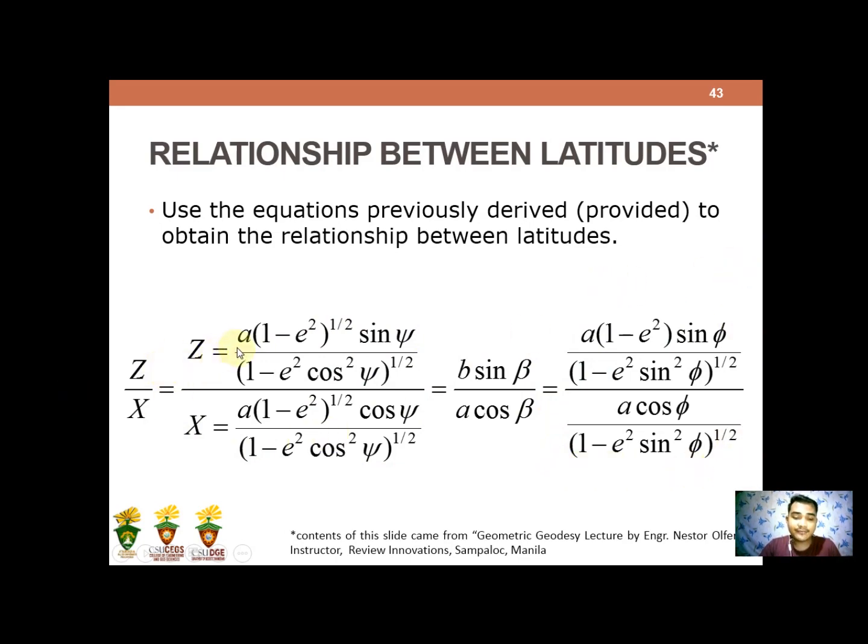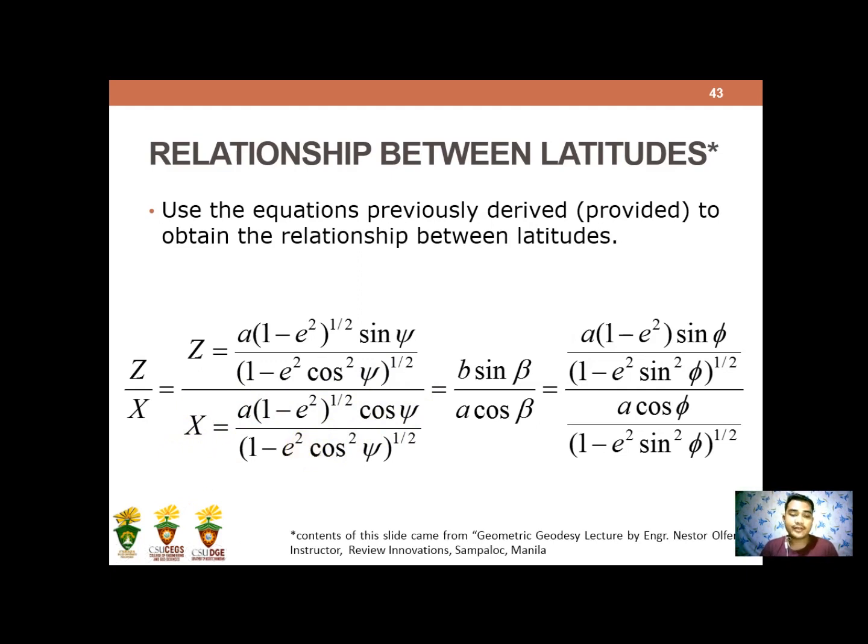So we have z for geocentric: a times 1 minus e squared raised to the power of 1/2 sine geocentric latitude over 1 minus e squared cosine squared geocentric latitude raised to the power of 1/2. For x, we have a times 1 minus e squared raised to the power of 1/2 cosine geocentric latitude all over 1 minus e squared cosine squared geocentric latitude raised to the power of 1/2.